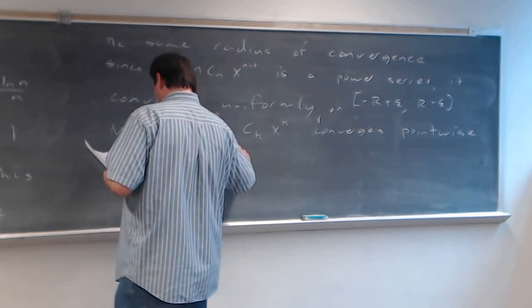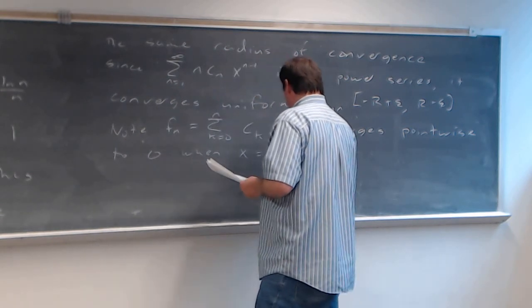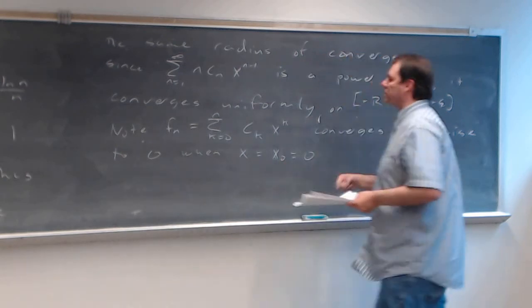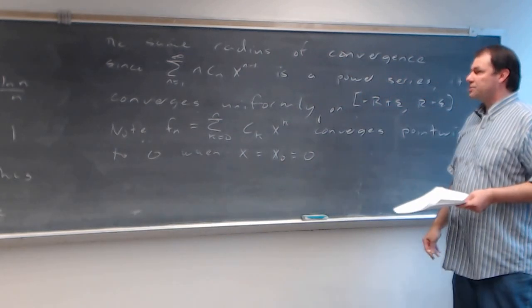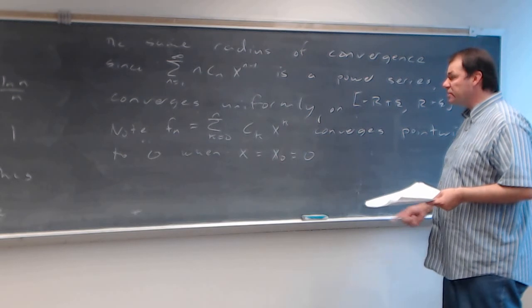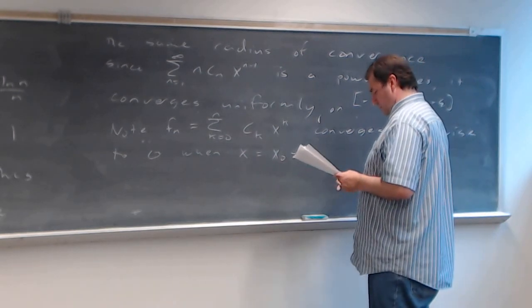at x equals 0. I'll write down x naught equals 0. This x naught is matching the information that we have here for these f sub n's to a theorem that I'm going to be using just a second.